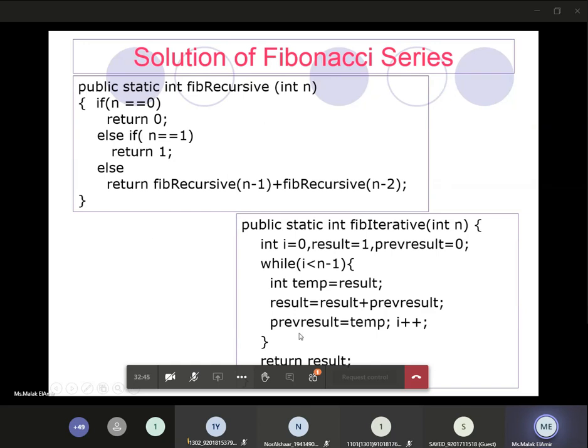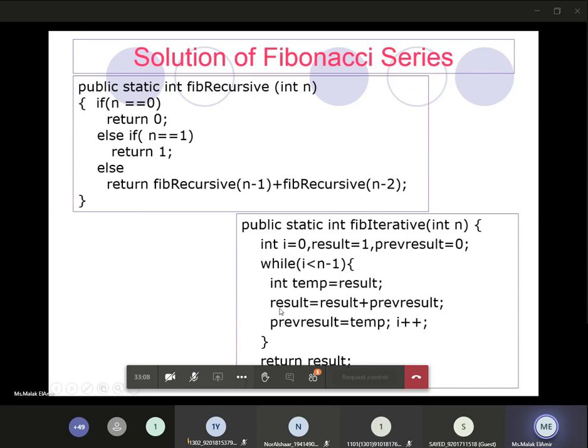What if I create it using a simple loop? Integer i equals 0, result starting at 1, previous result is 0, and the following. While i is less than n minus 1, I use a temporary to take the result and calculate the result plus the previous one.